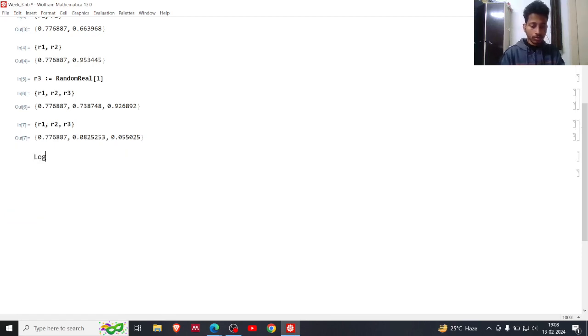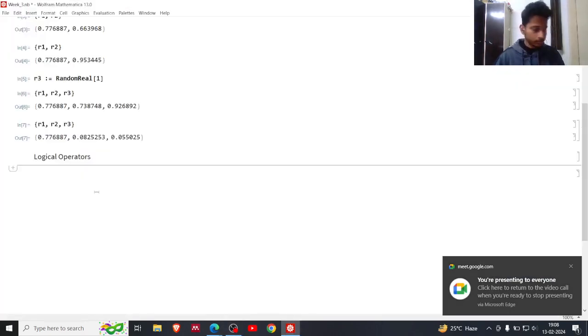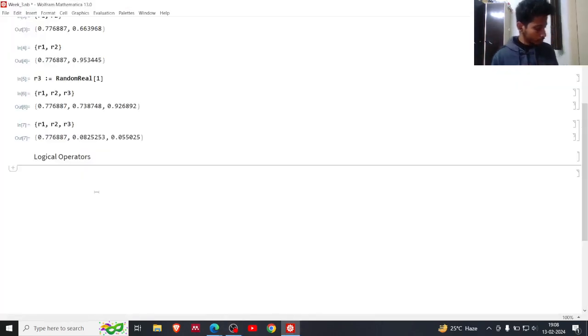Okay, so now I will go into the logical operators. As in many other languages, Mathematica has several built-in logical operators.